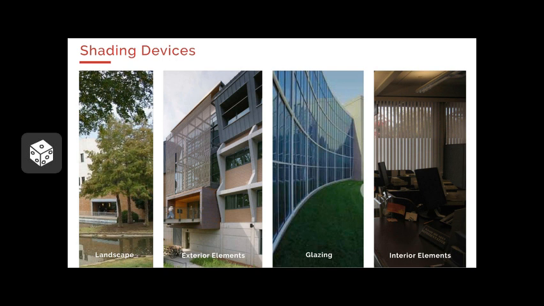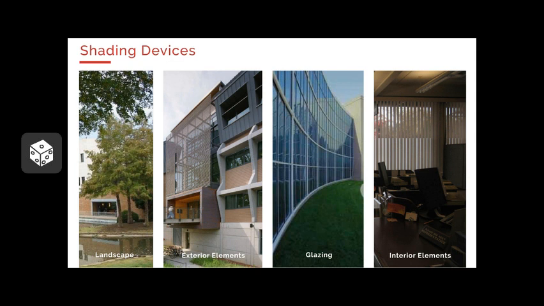In the summertime, of course, deciduous trees, something that loses its leaves, are going to be a different element than something that's not. Consider the landscape, consider the orientation, and build that in.